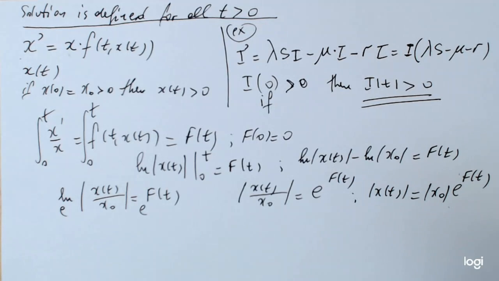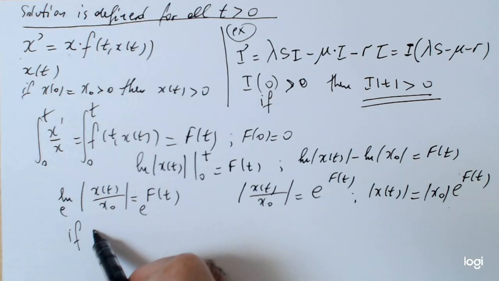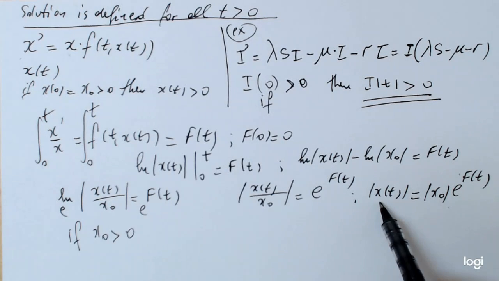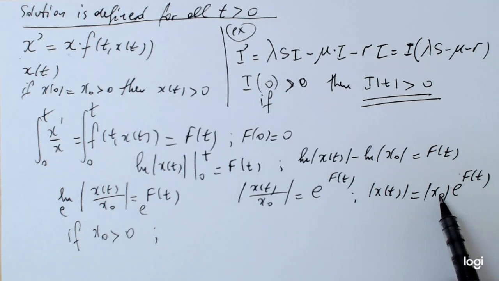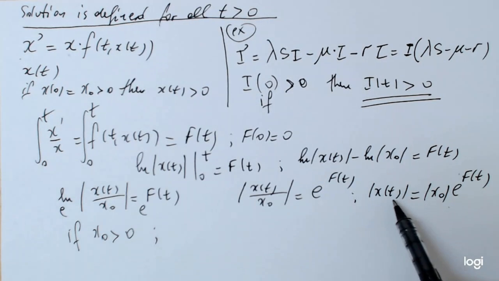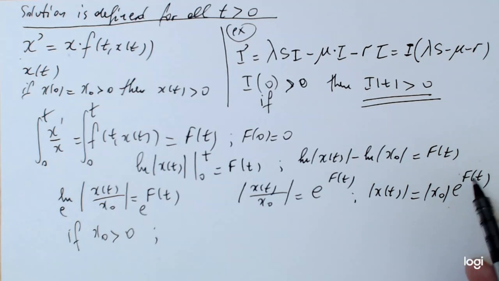But it serves the purpose of establishing the positivity, because notice that if x naught is positive, then the left side must be positive as well, because we have uniqueness of solutions. Normally, if you eliminate the absolute value, you would say that x of t is plus or minus this right-hand side.